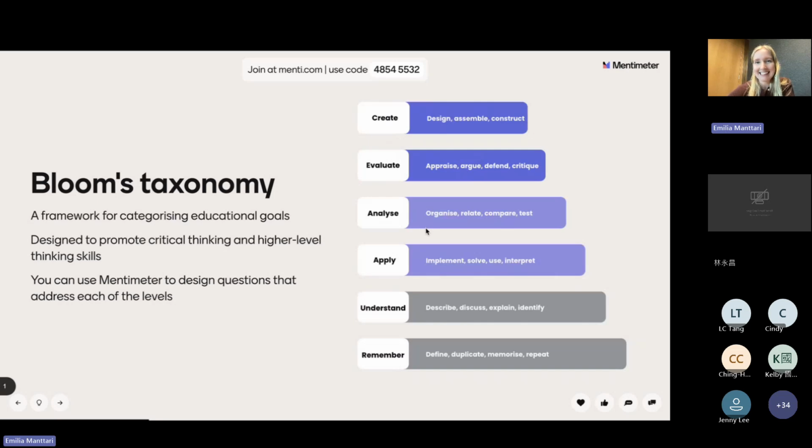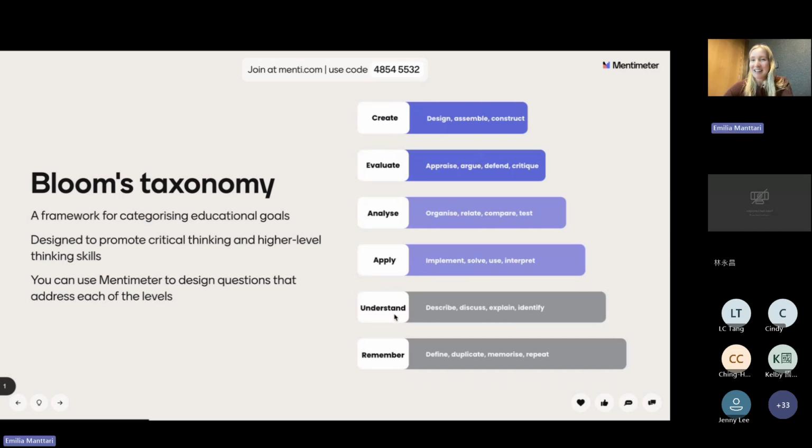Fourth level is analyze, where you're able to relate the concepts to each other, compare, and so on. Then the higher levels: evaluate, where you're able to argue and defend and critique the different perspectives around the topic. And at the highest level, create, where you design, construct, and create something based on what you've learned. So moving through these different levels, you're going to be able to let the students learn deeper about the topic.